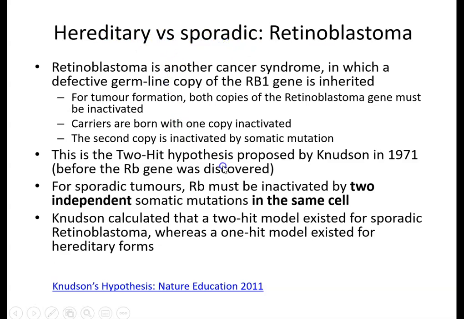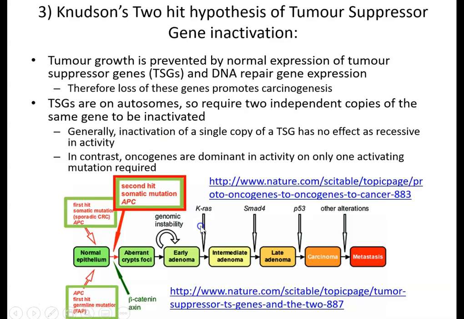For the hereditary form, obviously you need a parent who has retinoblastoma. For a tumour to occur, people are born with one copy of the RB1 gene already inactivated, and the second copy is inactivated by somatic mutation. Exactly the same situation as with the APC gene. First hit can be a germline mutation, second hit can be a somatic mutation.